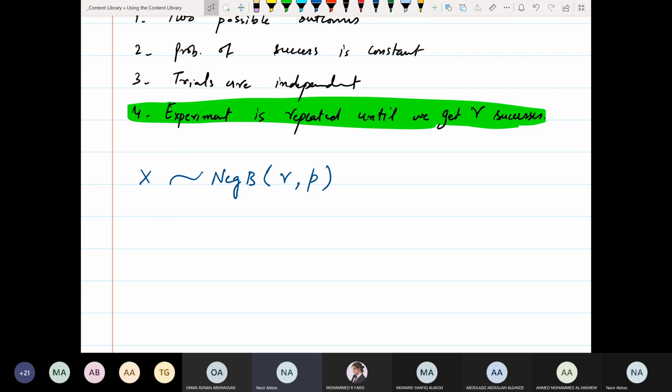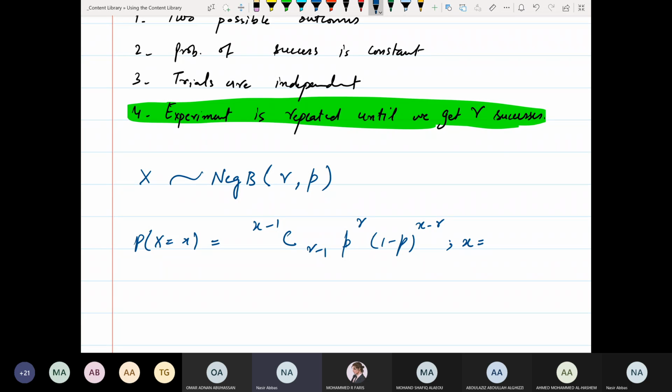And if you know that X has a negative binomial distribution, the mass function of X is X minus 1 combination R minus 1, P to the power R, 1 minus P to the power X minus R, where X starts from what?